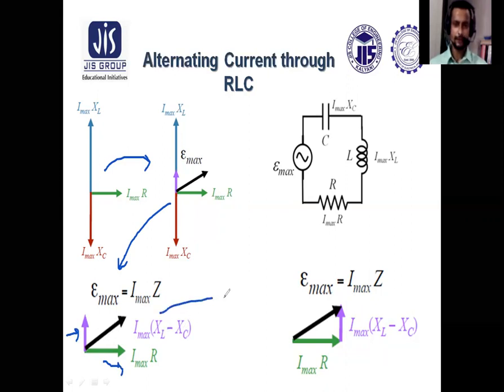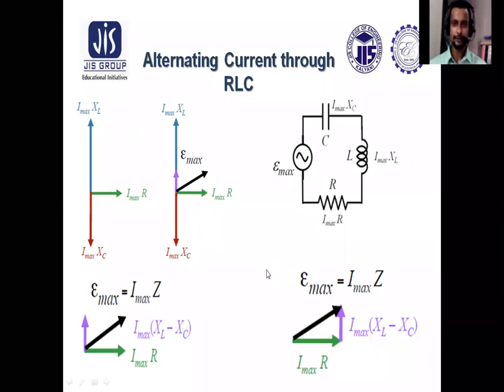From this we can draw this one. This part can be drawn this side. So green shows Imax R, and this pink shows Imax into XL minus XC. And this black shows the resultant of these two, that is Imax into Z. Okay. So what is Z? Z is known as the impedance of the circuit. We'll come to it later.